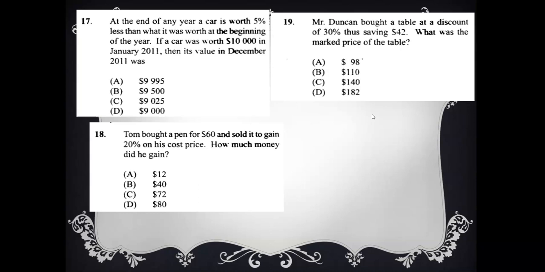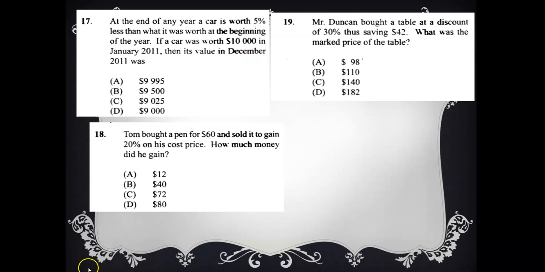Let's look at number 17. At the end of any year, a car is worth 5% less than what it was worth at the beginning of the year. If a car was worth $10,000 in January 2011, then its value in December 2011 was... So at the start of the year, the car was worth $10,000. At the end of the year, it should be worth 5% less. Alright, so again, to find 10% of any value that ends with 0, simply drop the 0.